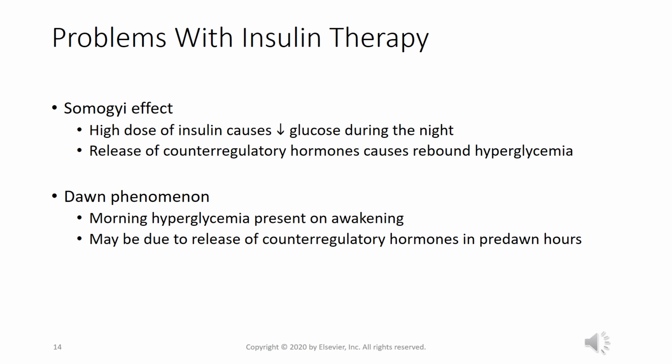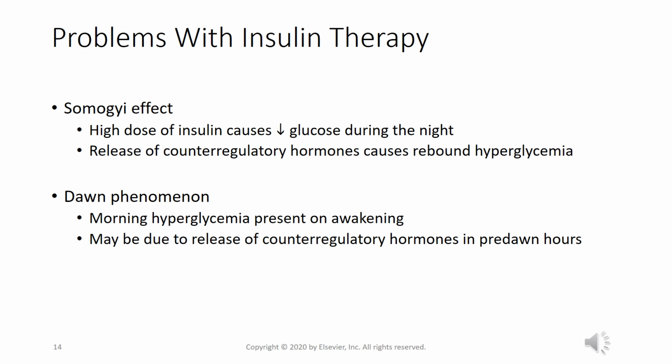If you didn't know about that hypoglycemic episode in the middle of the night, you might think that they need more insulin, but actually with Somogyi effect, you need to prevent the blood glucose from dropping in the middle of the night, so they need a bedtime snack or they need decreased insulin at bedtime to prevent that. So I remember the O's in Somogyi, and the blood sugar is low with the big O, and they actually need less insulin or a bedtime snack to prevent that.